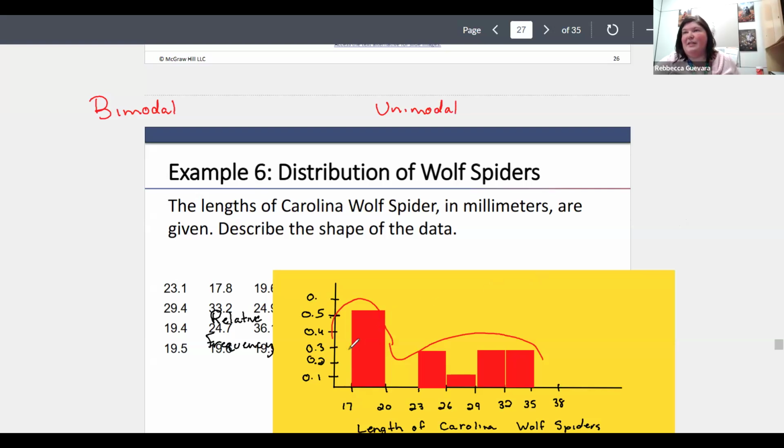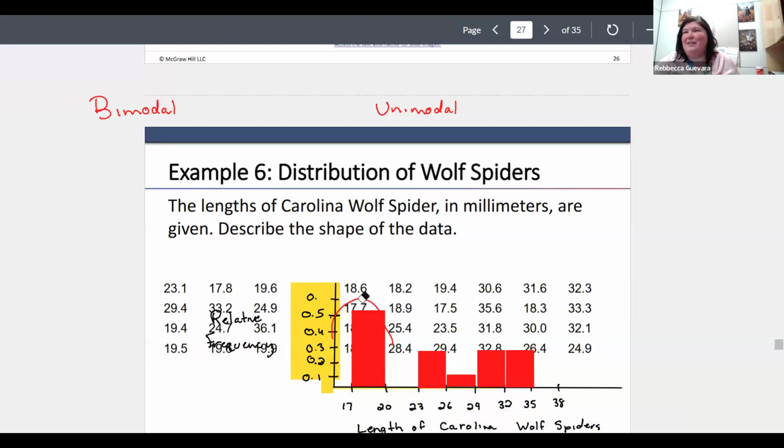If we're saying unimodal, then we're seeing this kind of thing going on. It depends on how you look at it. You could say it looks like two bumps, you could say it looks like one.